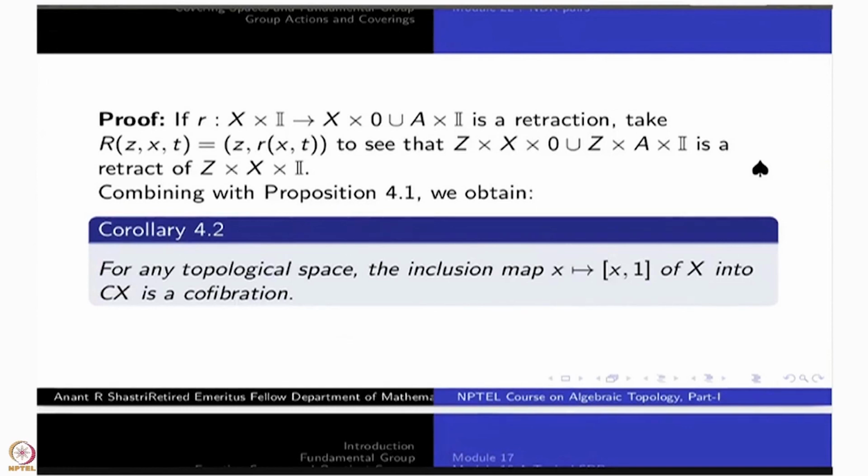So now I am thinking of X as a subspace of the cone. That inclusion map is always a cofibration. At least here, you don't have to assume something closed. Automatically, X is a closed subspace of the cone. So the inclusion map is a cofibration.